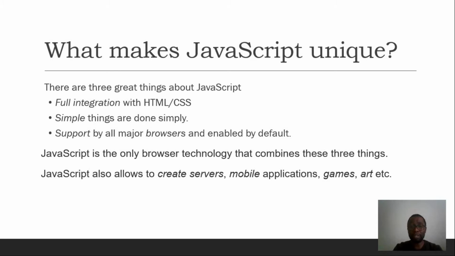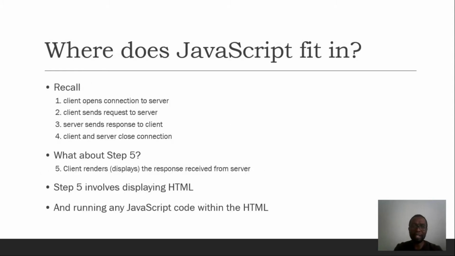It really makes the web world more powerful and more versatile, and it is used in various other categories in web and programming languages. So it's a very unique language.